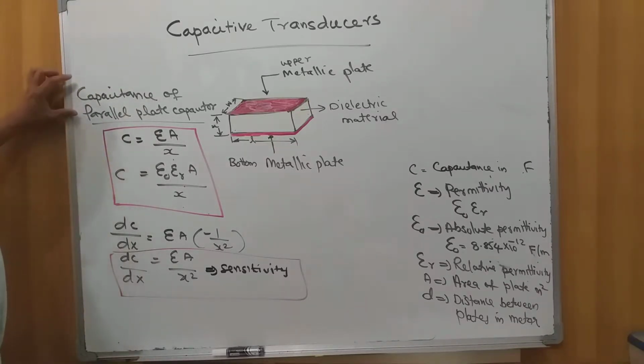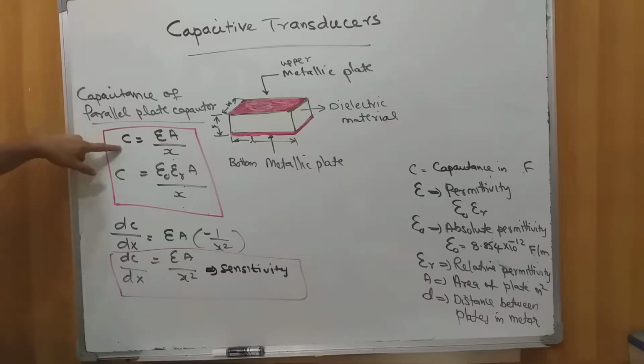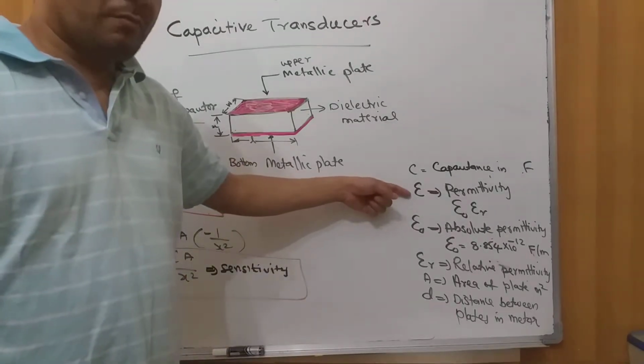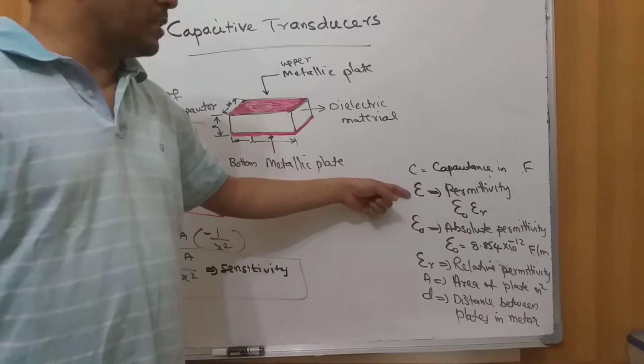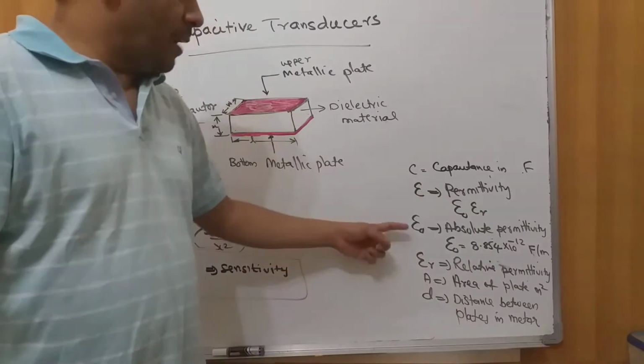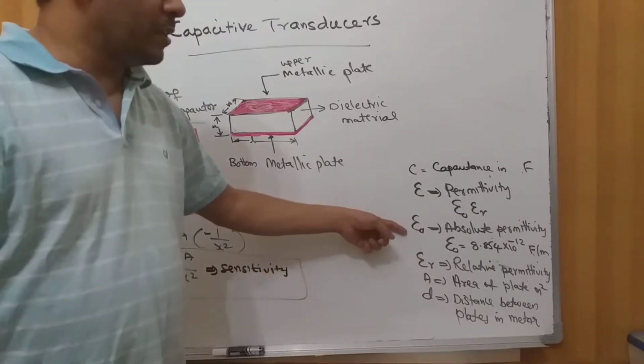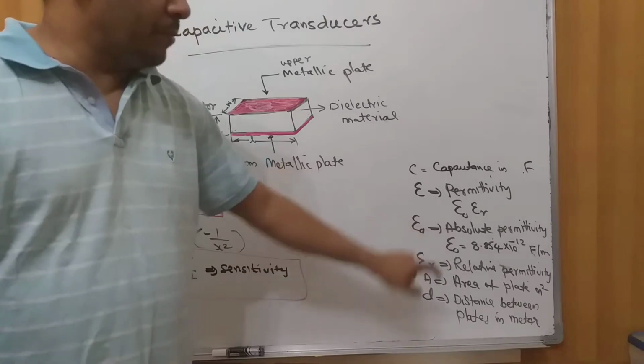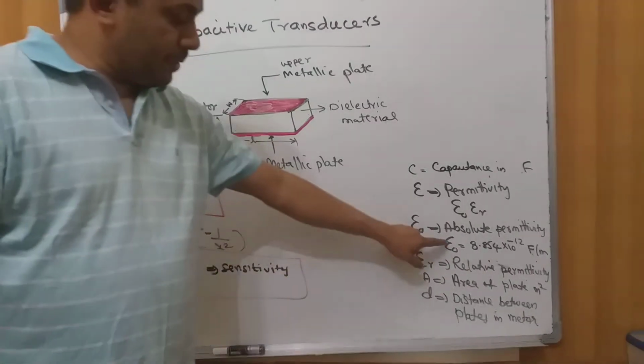Now the basic principle behind the capacitor. The capacitance of a parallel plate capacitor is given by C equal to epsilon A divided by X, where epsilon is called the permittivity, and this permittivity has two parts: epsilon 0 and epsilon R. Epsilon 0 is a constant called the absolute permittivity, and its value is 8.854 into 10 raised to minus 12 farad per meter.